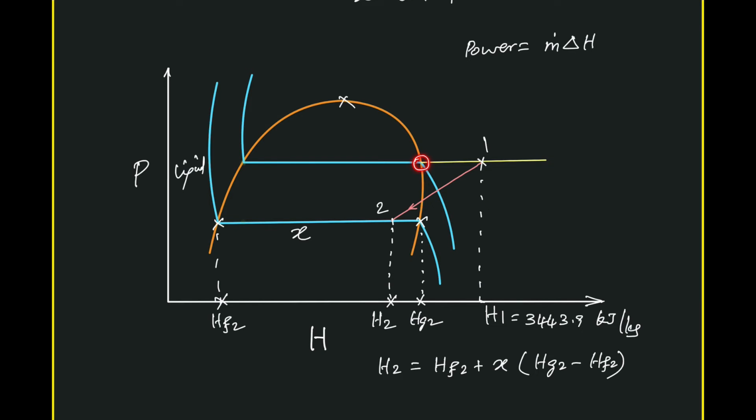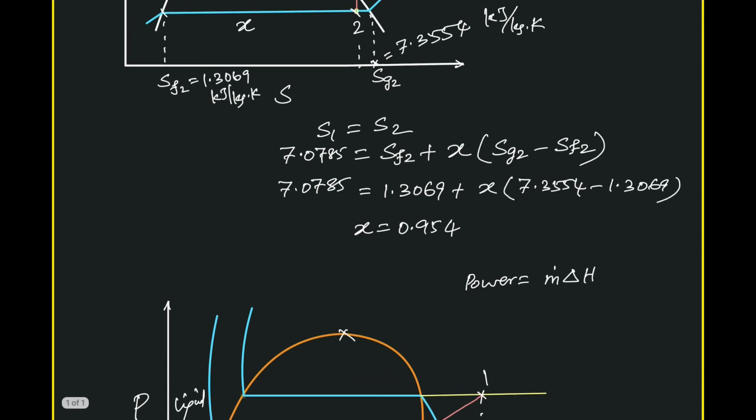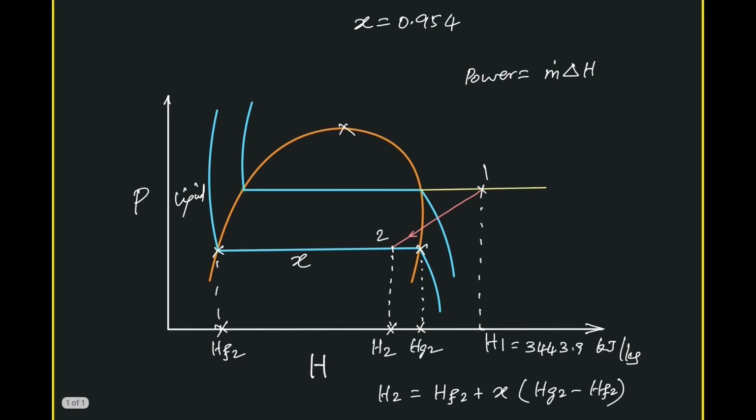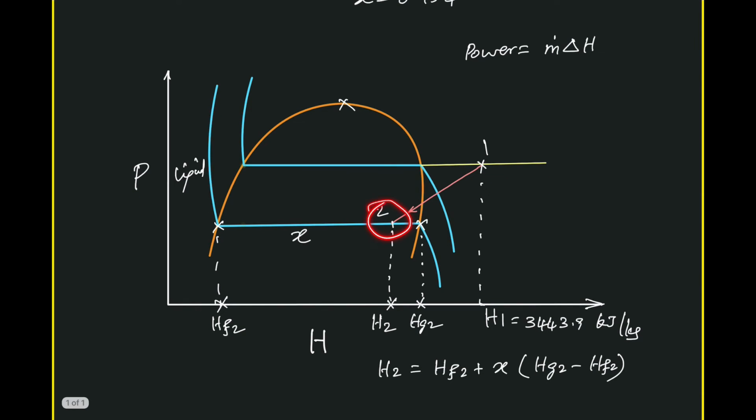After this saturation, this is superheated vapor, superheated steam. So this is the inlet condition, and exit is a mixture of vapor and liquid, for which we already know the fraction of vapor.